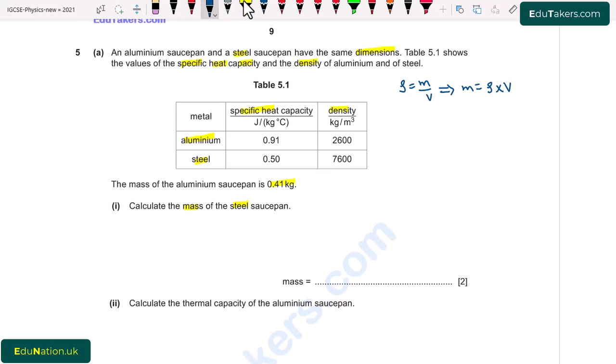So I write here density for aluminium saucepan will be equal to mass of aluminium saucepan over volume of aluminium saucepan, and volume of aluminium saucepan is equal to volume of steel. So from here we calculate the volume. Volume of aluminium will be equal to mass divided by density.